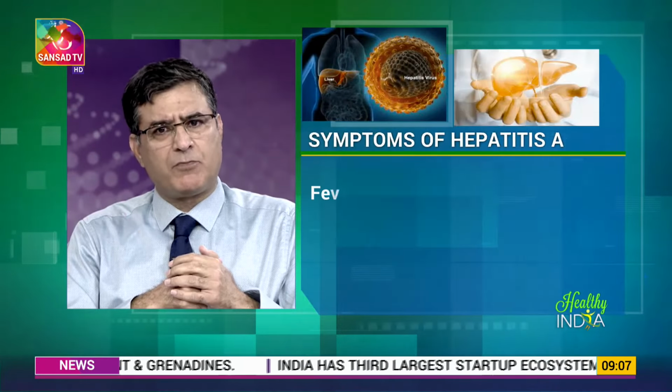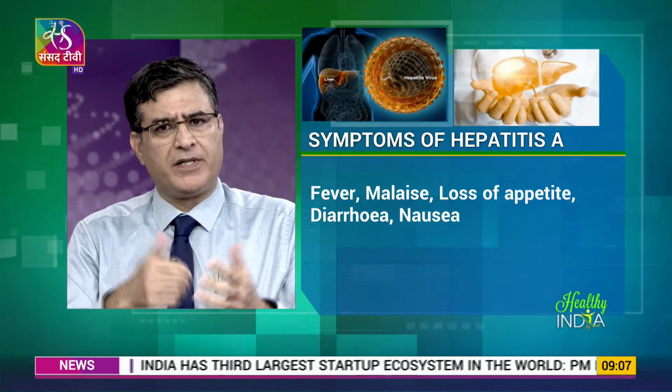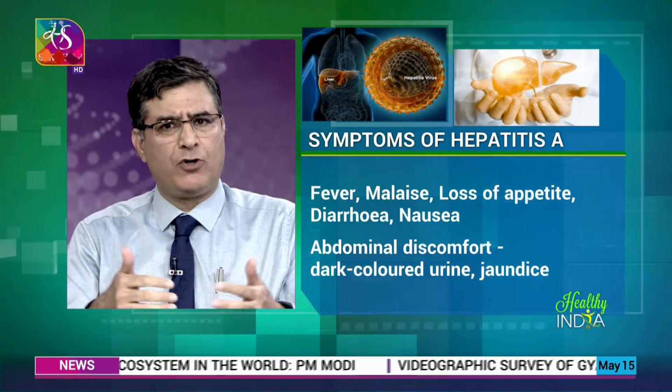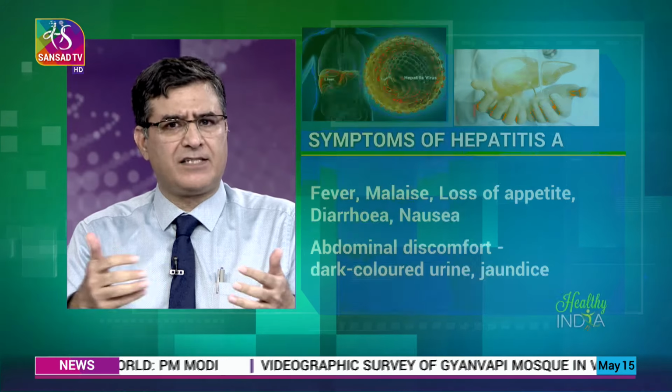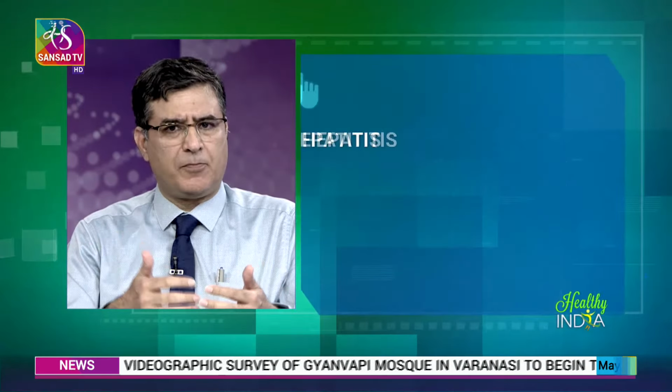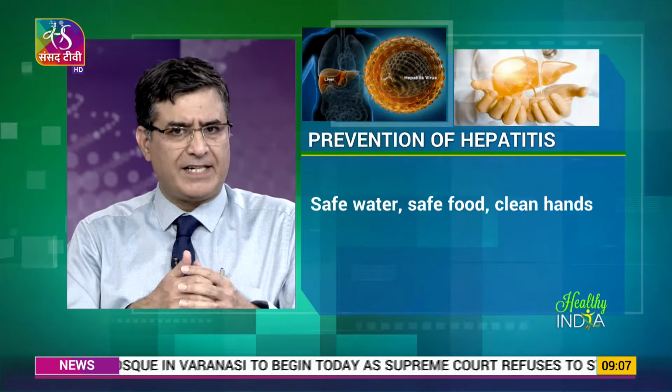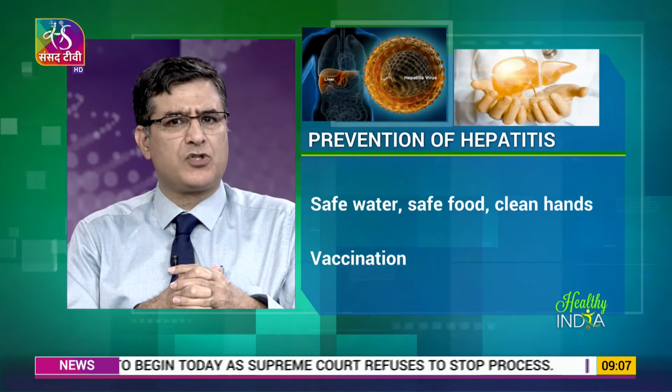The important thing, from a public health point of view, is prevention. Since hepatitis A spreads through the fecal-oral route, safe hands, safe water, and safe food primarily prevent this kind of hepatitis. We also have a vaccine available for hepatitis A. So people who are not vaccinated should get vaccinated.